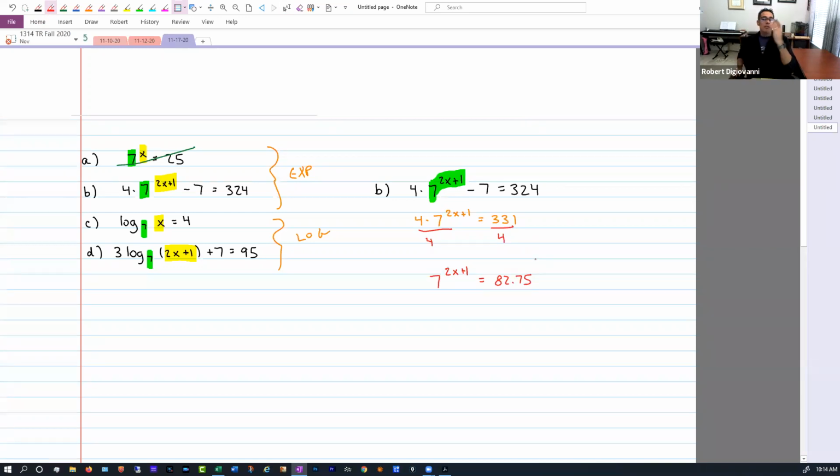And now we have the 7 to the thing isolated. We need to kill the 7. So how do we kill the 7? Log base 7, right? Log base 7 like that. And then 7 to the 2x plus 1. Whatever we do to that side, we must do to the other side.